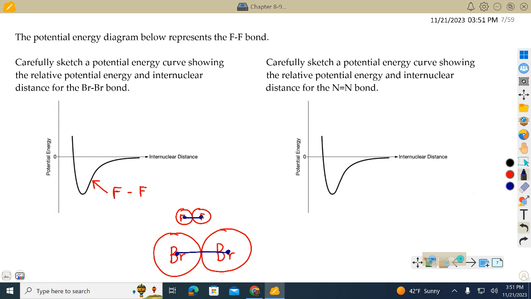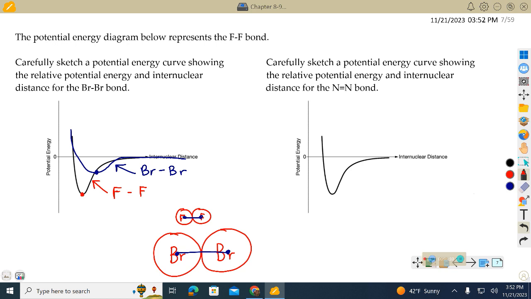So I want to draw a graph that might look something like this. Maybe something like that, this blue one is my bromine-bromine bond, where the only point that I really care about on these graphs is that low point. And I say, okay, these atoms are larger, so they should be at a larger internuclear distance.